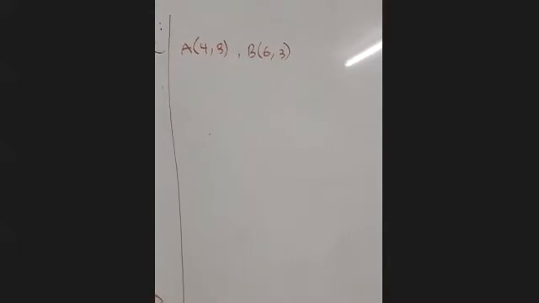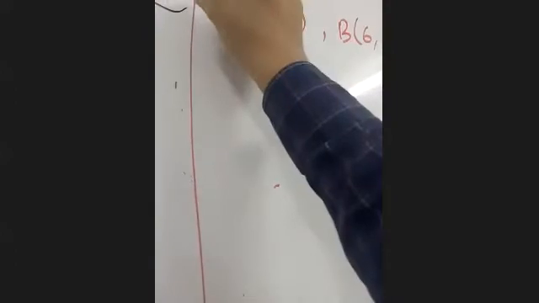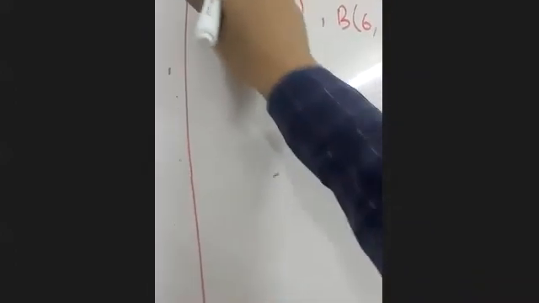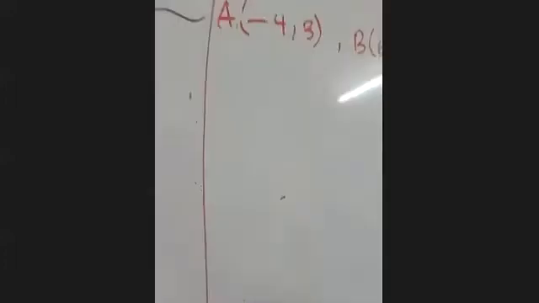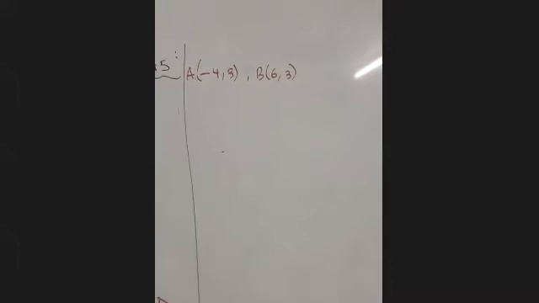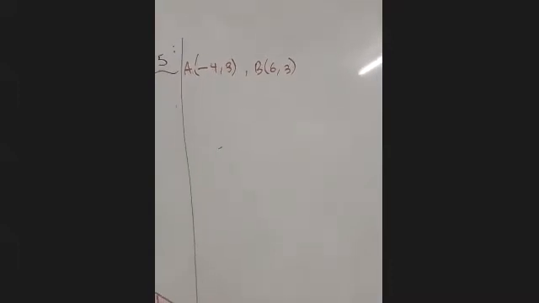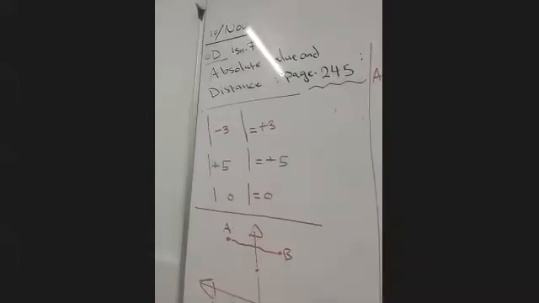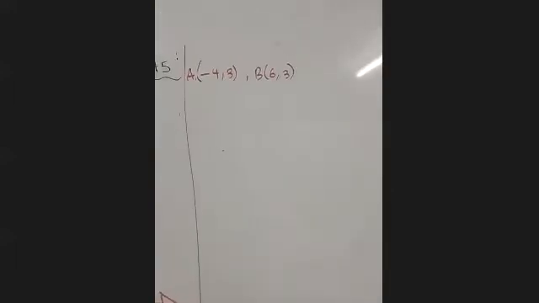Now, how will we find the distance? I'll make this negative. So if we have 2 points here, A (-4, 3) and B (6, 3), how will we find the distance between them using the absolute value? And this is very important, guys.